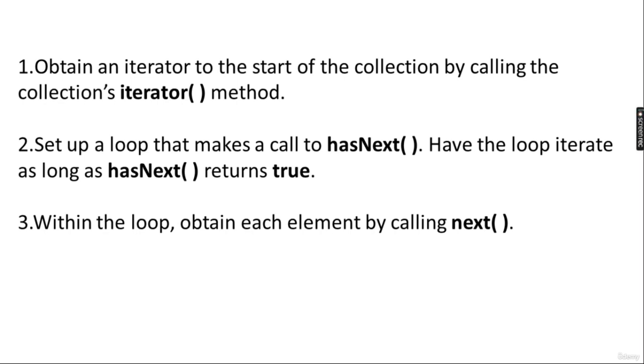Then create a loop that makes a call to hasNext. As long as there is a next element available, that is, hasNext is not false, you will iterate, like integer i is less than 5. When i is equal to or greater than 5, your loop will terminate. In this case, whenever hasNext returns false, your loop will terminate. Within the loop, get the element by using next.